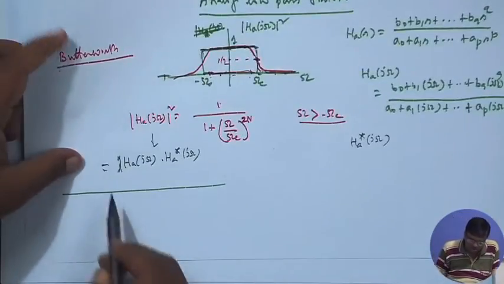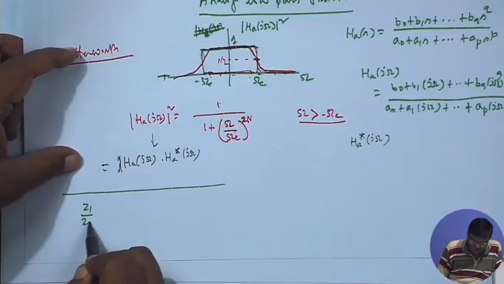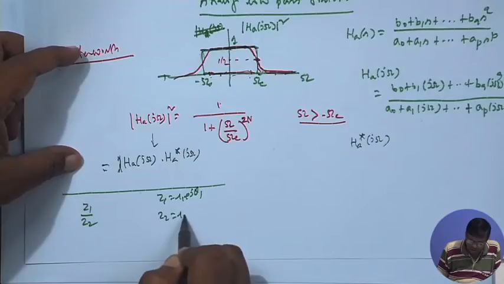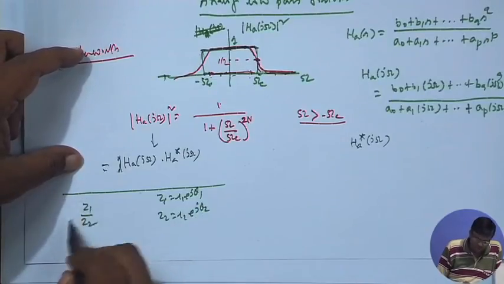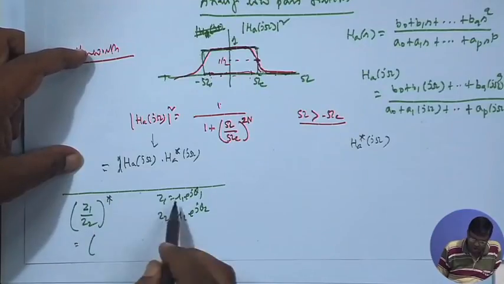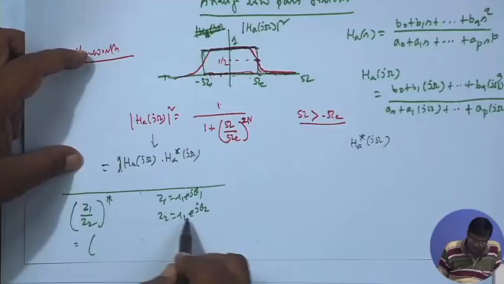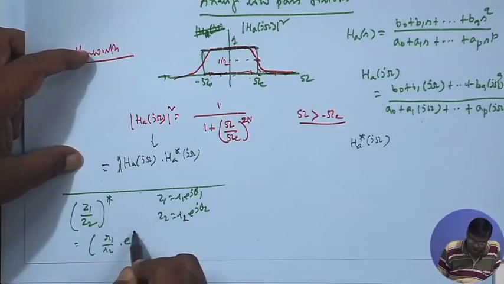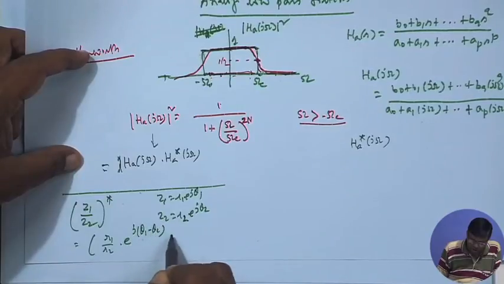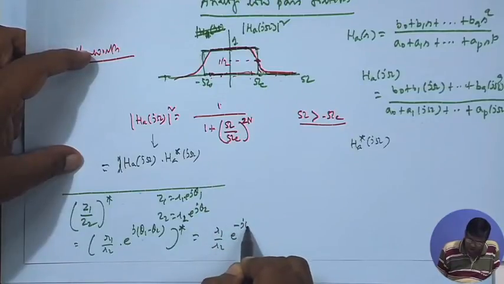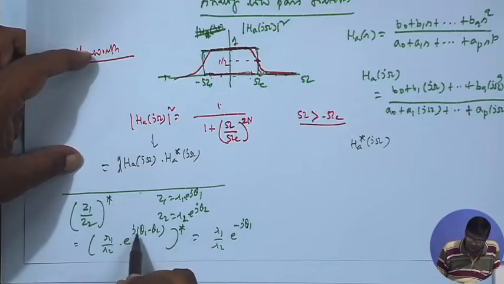If you have one number z 1 and another z 2, with z 1 equal to r 1 e to the power j theta 1 and z 2 equal to r 2 e to the power j theta 2, and the overall thing is conjugated, then you have r 1 by r 2 as the magnitude, and e to the power j theta 1 minus theta 2 conjugate, which means r 1 by r 2 e to the power minus j theta 1 plus j theta 2.